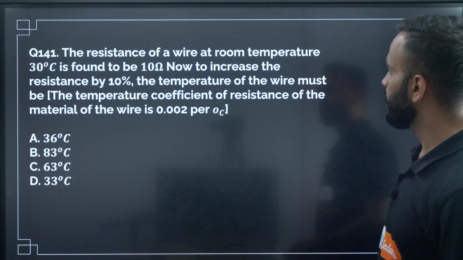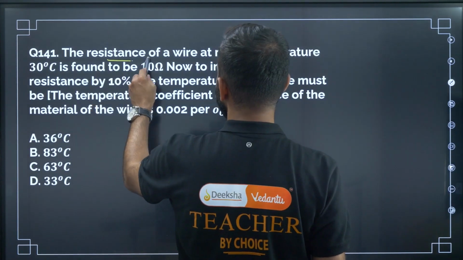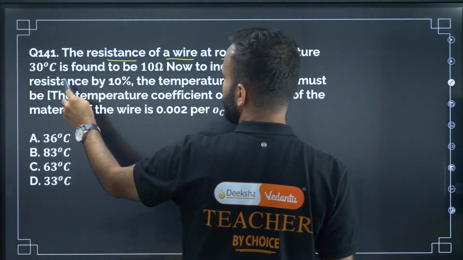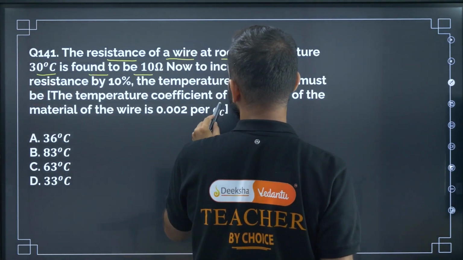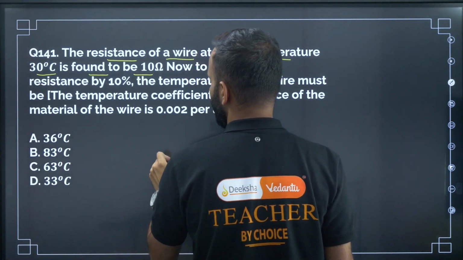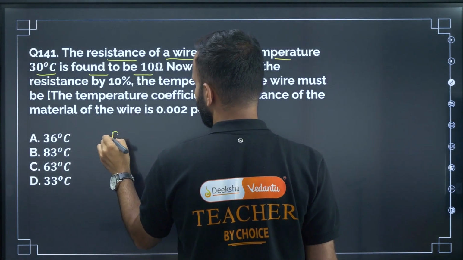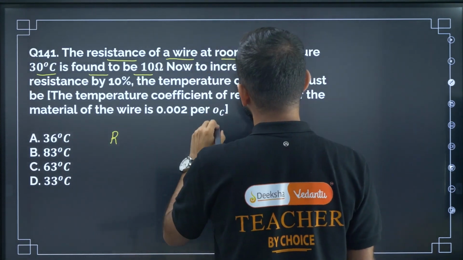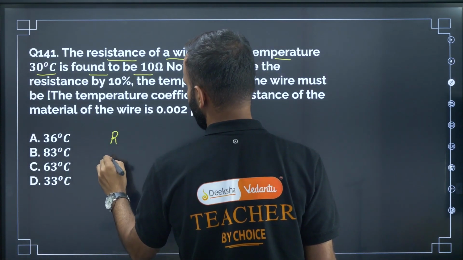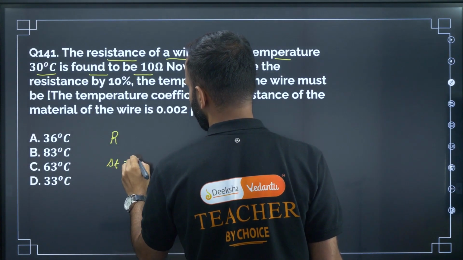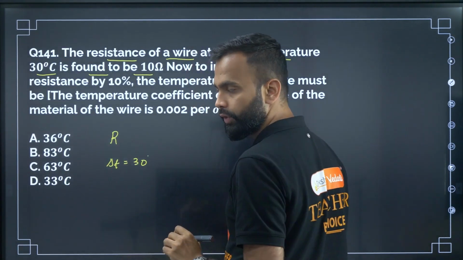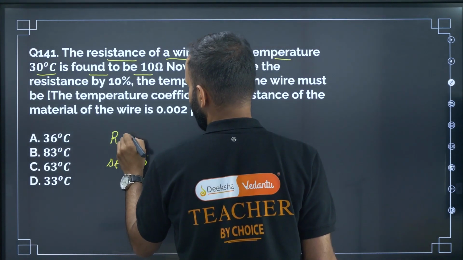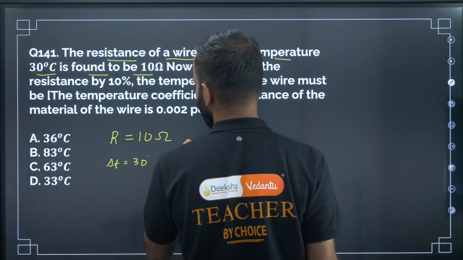Next question, question number 141. The resistance of a wire at room temperature 30 degrees Celsius is found to be 10 ohm. Here R equal to 10 ohm.